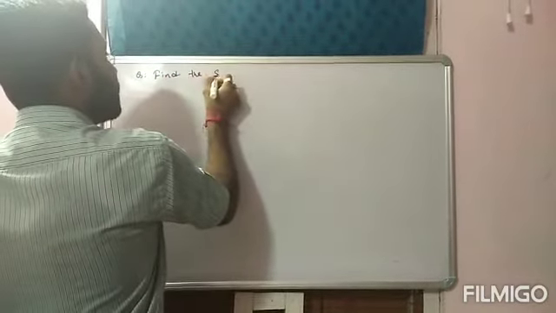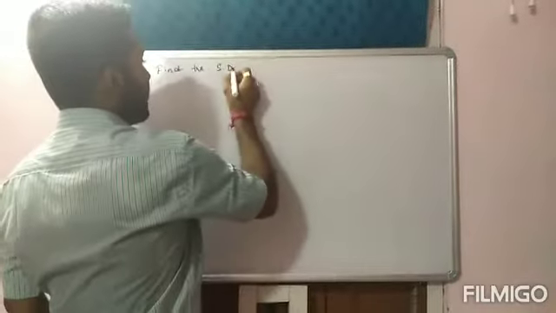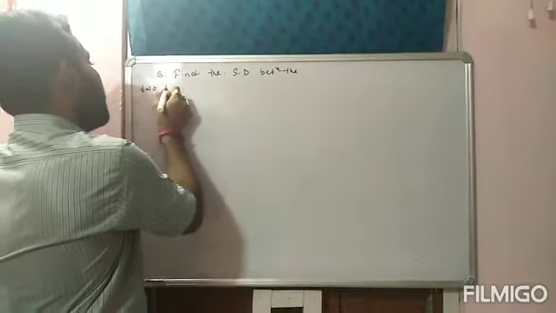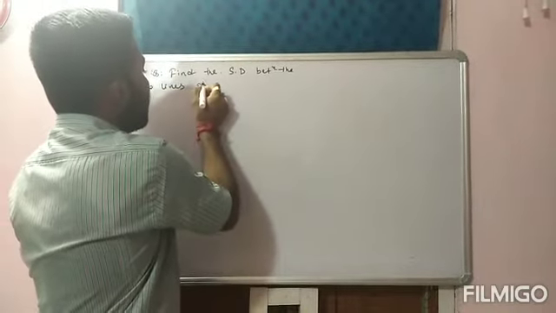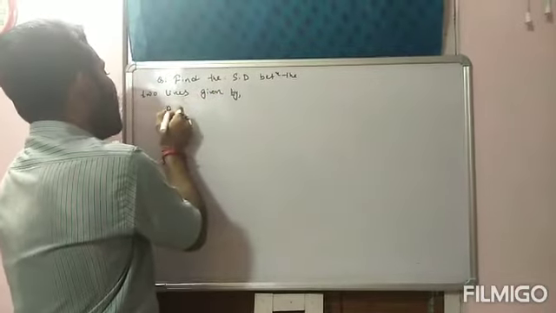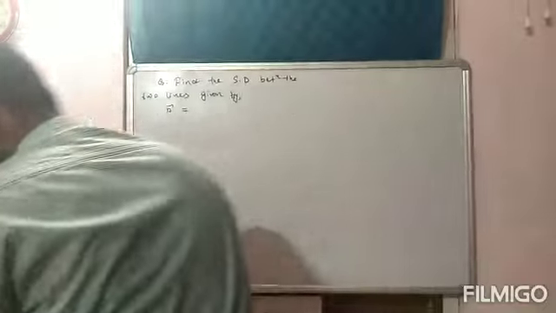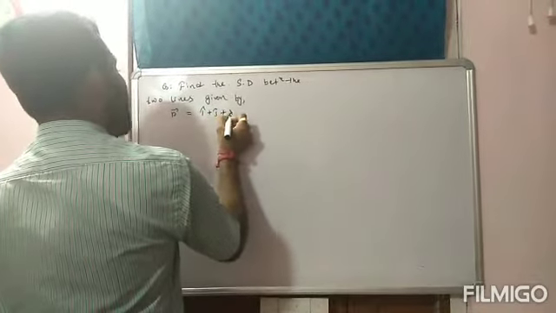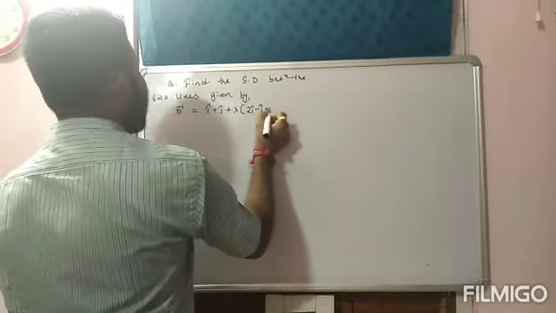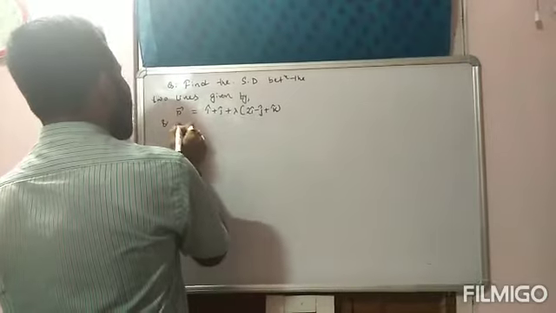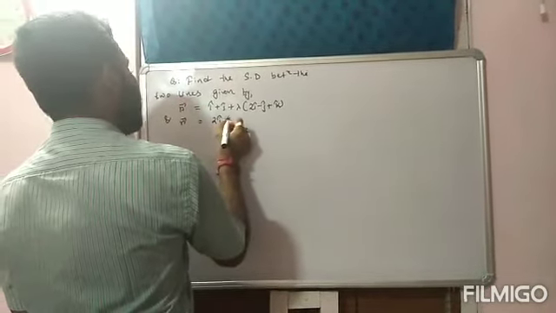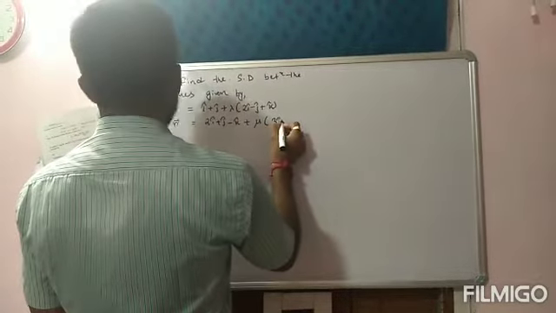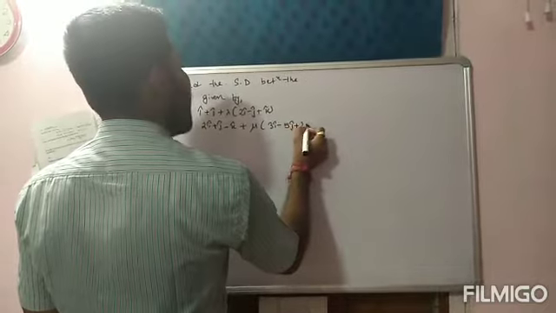Find the shortest distance, SD means shortest distance, between the two lines given by r bar is equal to i cap plus j cap plus lambda into 2i cap minus j cap plus k cap, and r bar is equal to 2i cap plus j cap minus k cap plus mu into 3i cap minus 5j cap plus 2k cap.